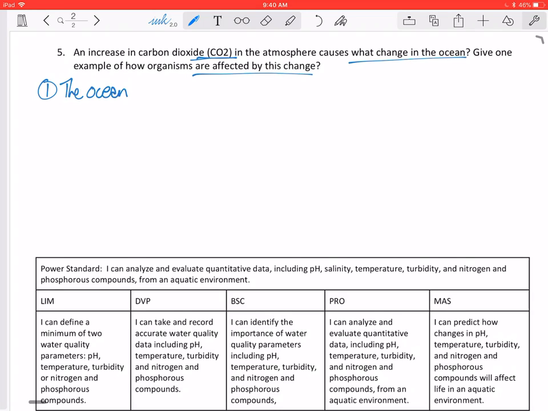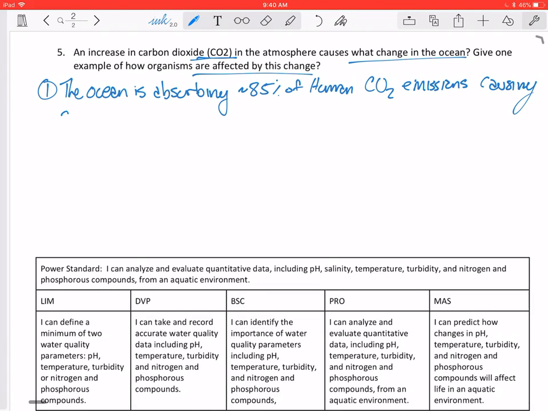is absorbing about 85% of human CO2 emissions, causing acidification.